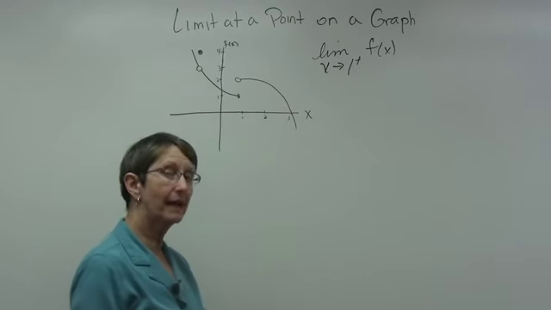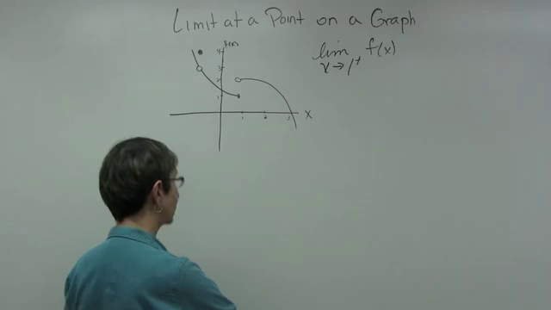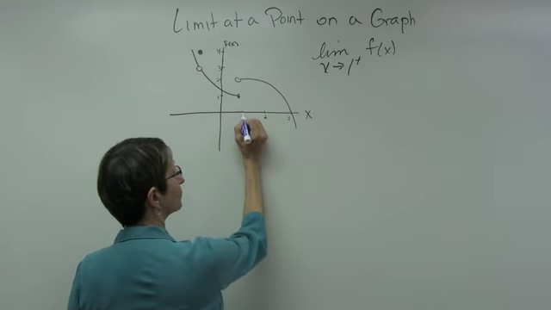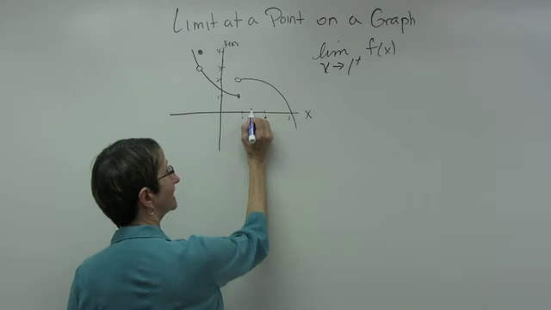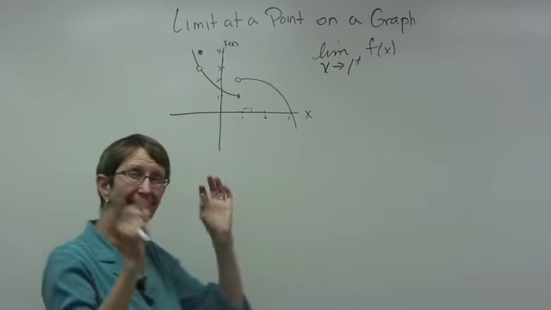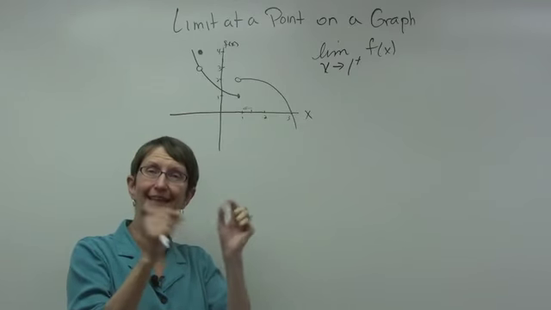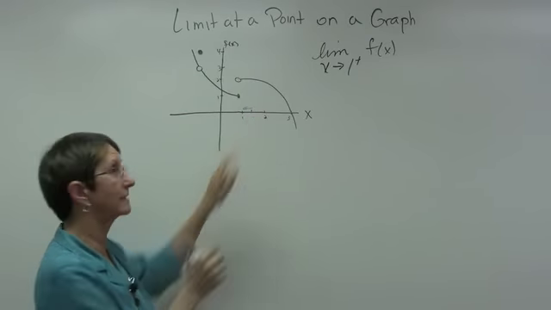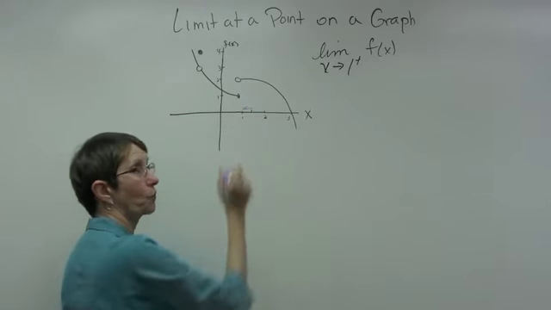Now when you're talking about x approaching 1 on the right when you're on a graph, here's 1, here's the right side of 1. You don't go all the way over to 2. Remember, limits are very close to a point, infinitely close. So you just move a little bit to the right of 1 and go back towards 1.